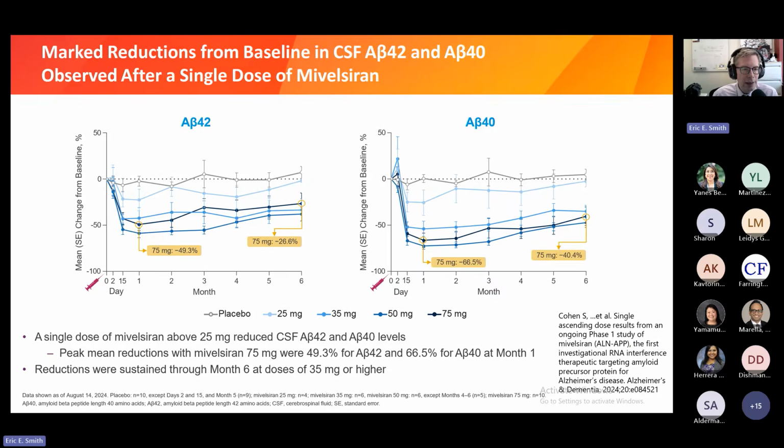The data from phase 1 studies show that it dramatically reduces the amount of amyloid beta appearing in the CSF, in particular amyloid beta 40 more than the beta 42, with a reduction that's about 67%, or even a little higher for the 50 milligram dosage at 1 month. And then it has a very long duration of effect that's kind of fascinating, and the company has an explanation biologically based on their animal model work.